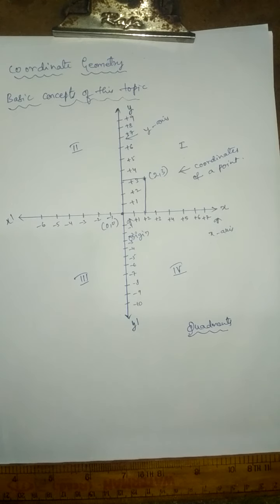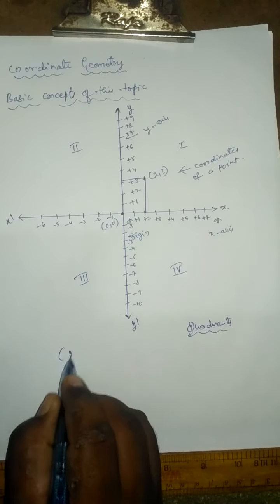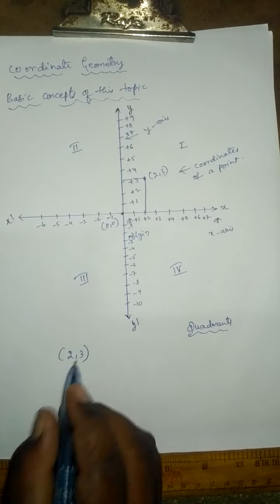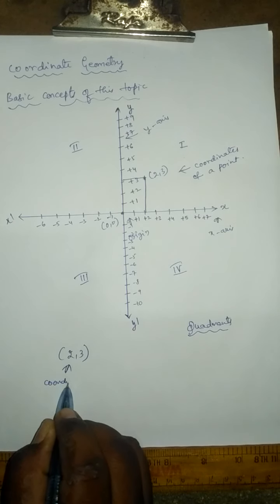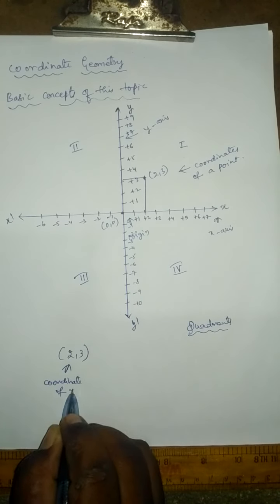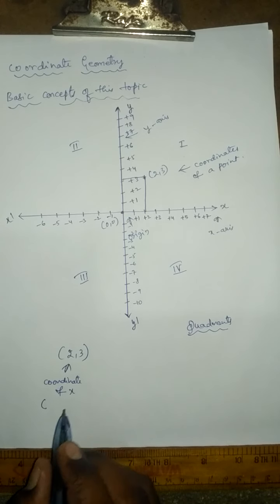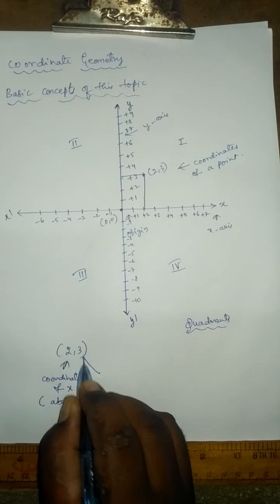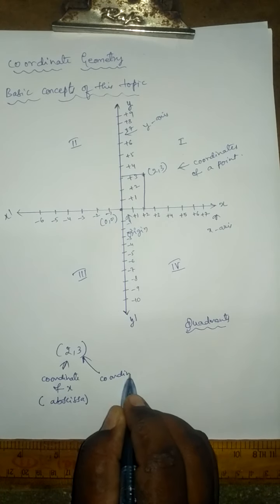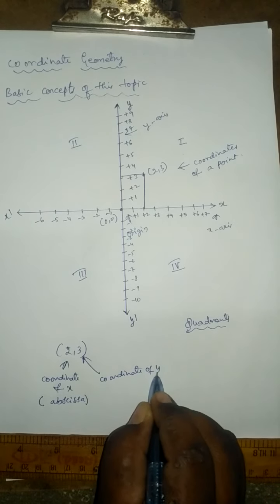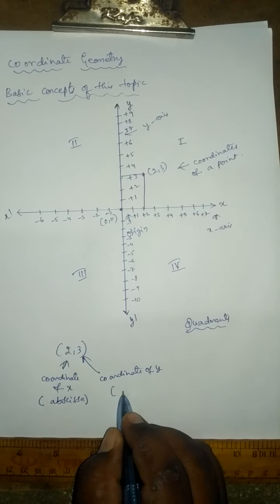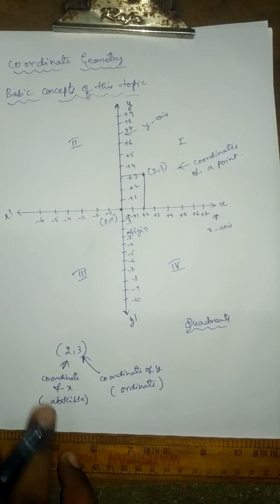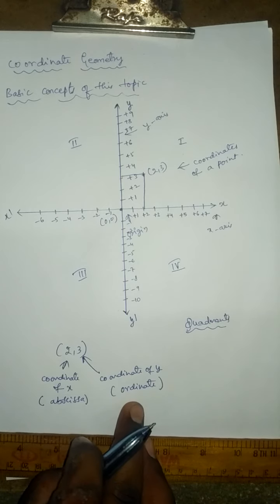In the coordinates of a point (2, 3), 2 is called the coordinate of x, also called the abscissa, and 3 is called the coordinate of y, also called the ordinate. The x coordinate we can call the abscissa, the y coordinate we can call the ordinate.